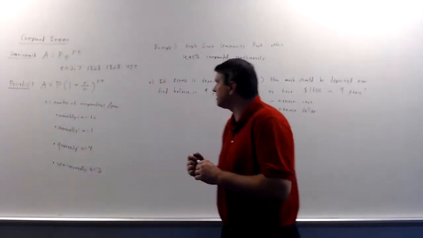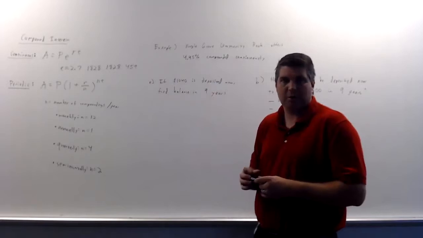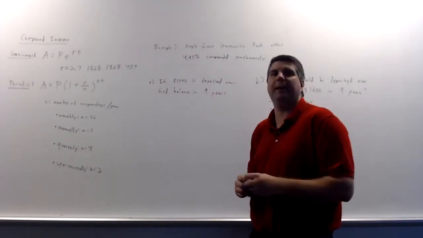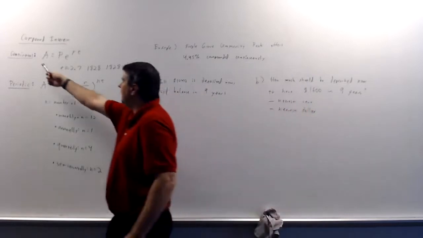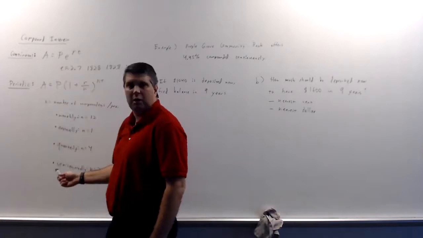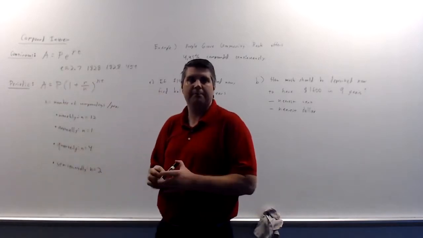Okay, here I'm going to discuss another type of interest, compound interest. Compound interest has two subtypes, continuous and periodic. Now, some courses include periodic only, like college algebra classes.